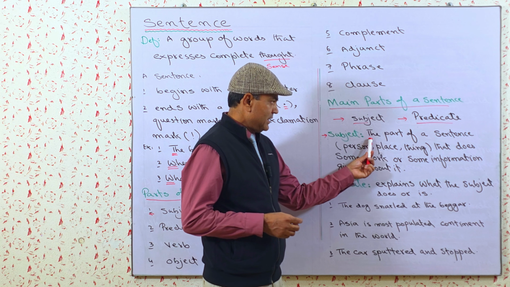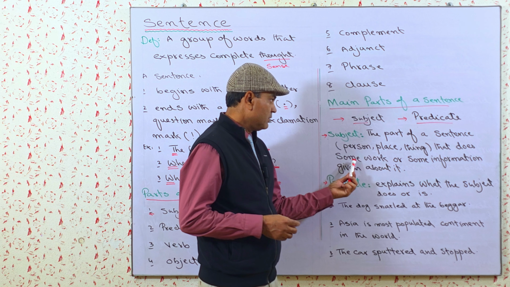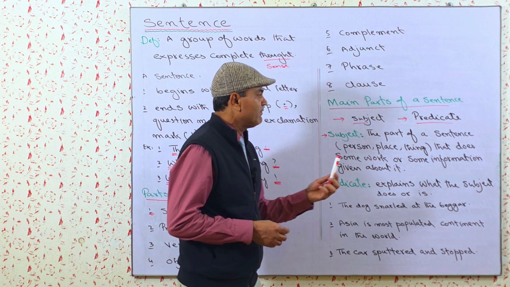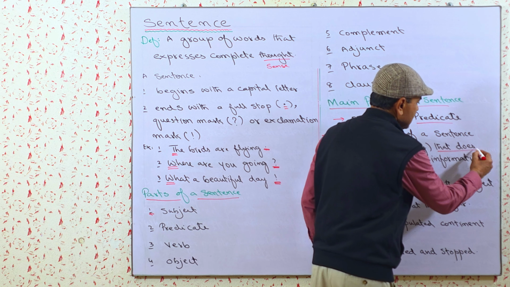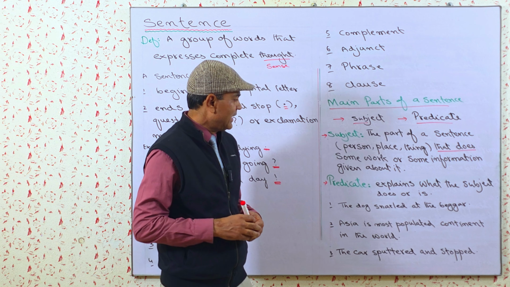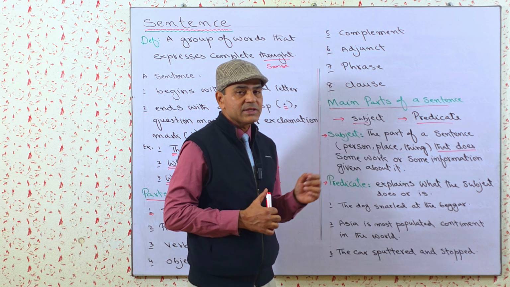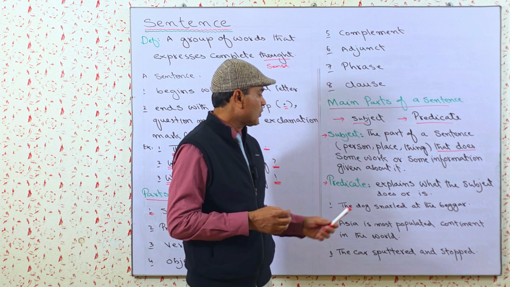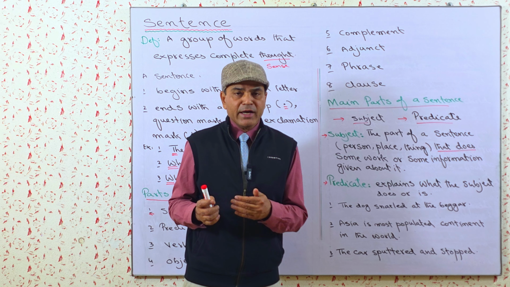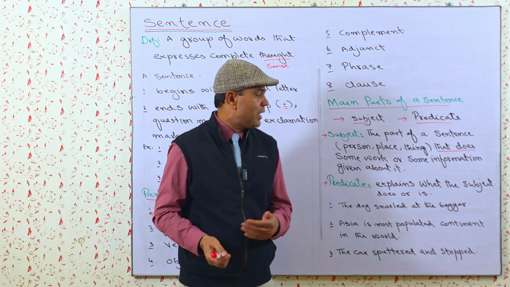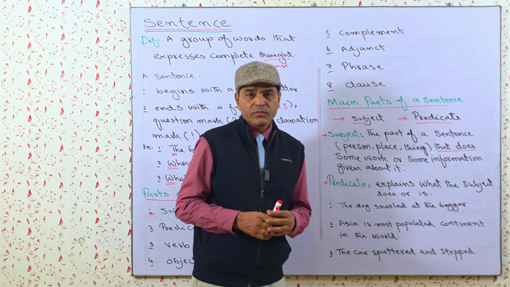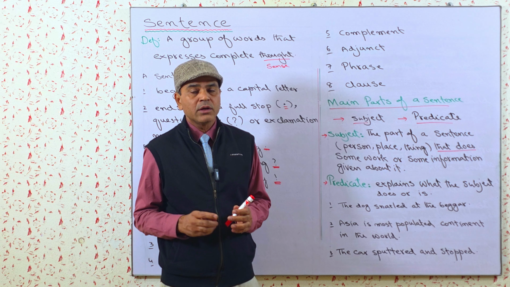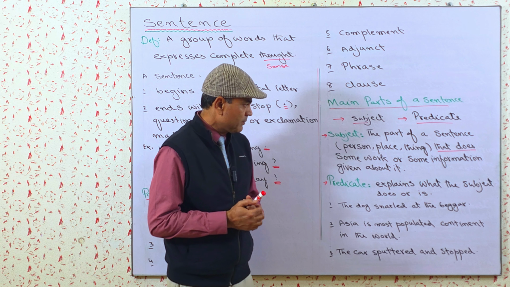The part of the sentence which does some work in the sentence, we call it subject. So the first part of the definition of the subject is that a noun or a pronoun, a person, place, or thing, if it is doing certain work in the sentence, we call it a subject.